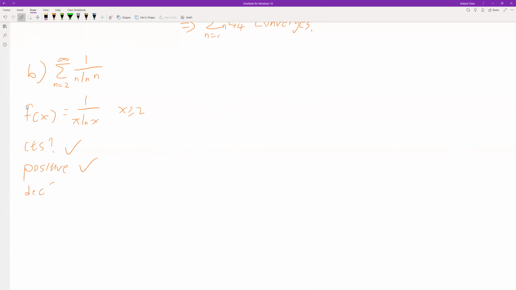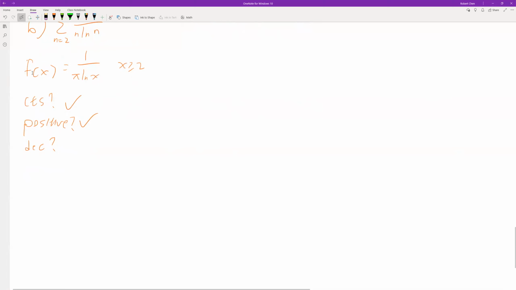Is it decreasing? Oh, that's where we can check again using our f prime. So f of x is 1 over x ln x. Let's do f prime. What is that going to be? Oh, this is a little crazy. That's going to be x ln x quantity squared in the denominator.